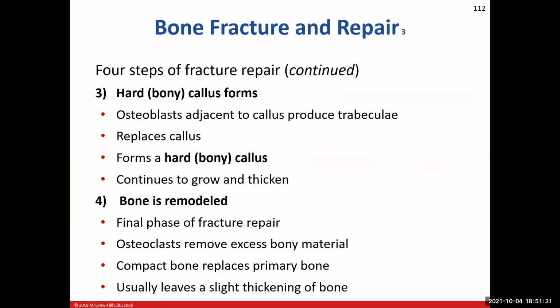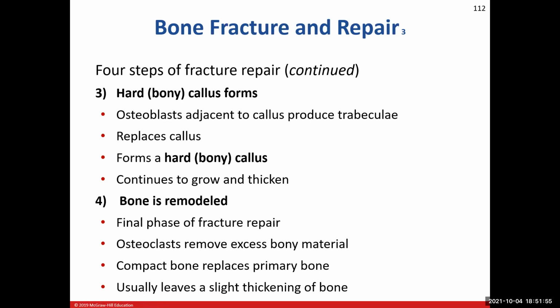In step 3, we're now going to convert our soft callus to our hard bony callus. The osteoblasts that are near that area start to infiltrate and replace that soft callus with our bony callus, because now we're converting it from cartilage tissue into actual bone tissue.